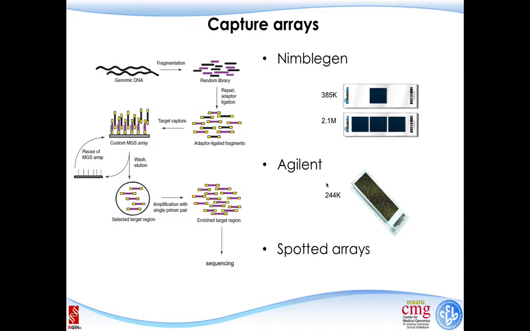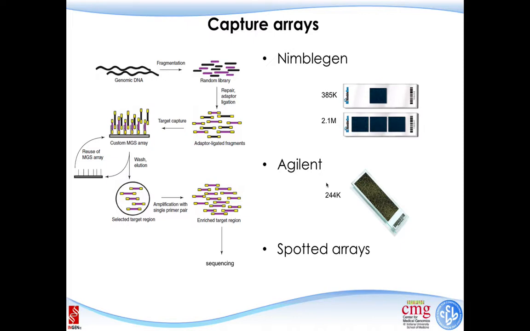Your purple DNA, because they are exon regions, will be reverse complemented to the probe, so you can see they stick to this array. The black ones don't have anything to target. At this stage, you wash everything else away, meaning the black part is washed away, and you only have the purple part, and you sequence the purple part.